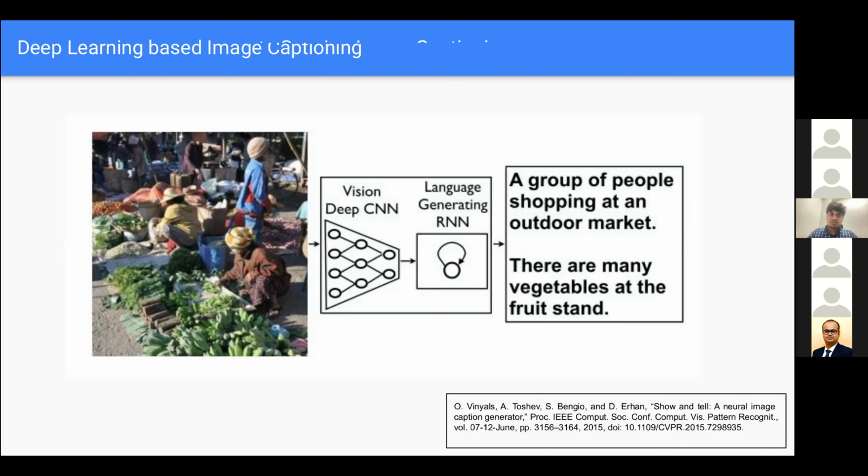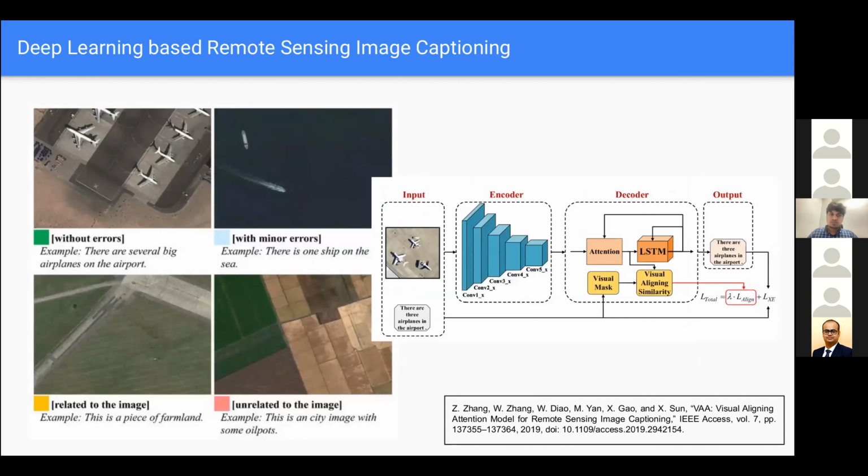Moving ahead and transitioning to the domain of remote sensing image captioning, there have been quite some works in the last 3 to 4 years. Many of them have largely depended on deep learning. The idea again remains the same, wherein one part of the neural network is used to translate the image into a set of features, and those image features are then fed as an input to a decoder, which is a recurrent neural network based decoder.